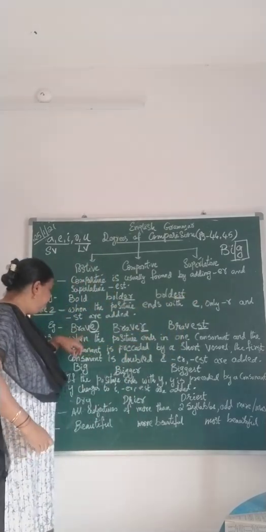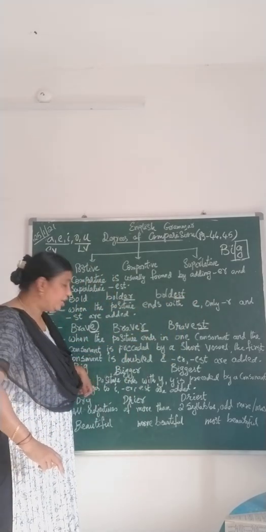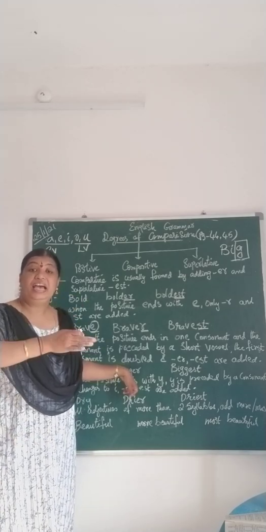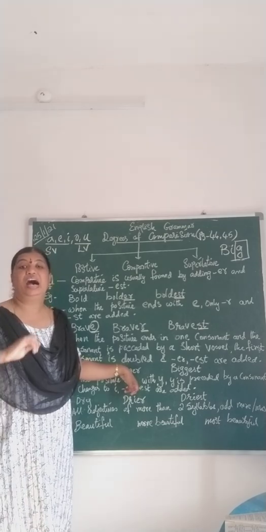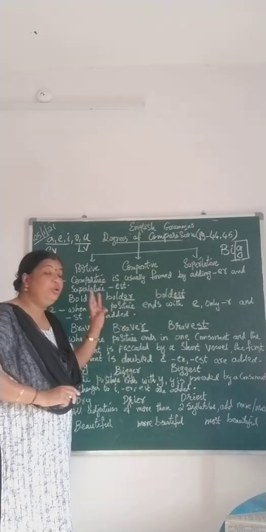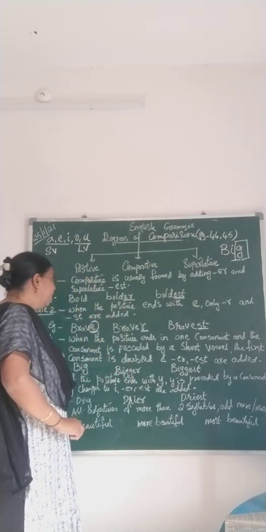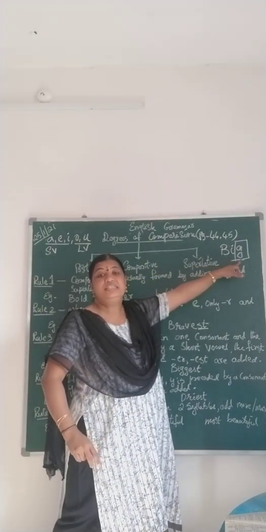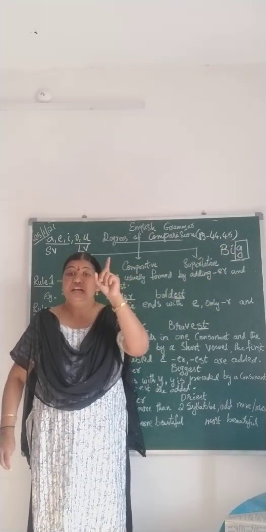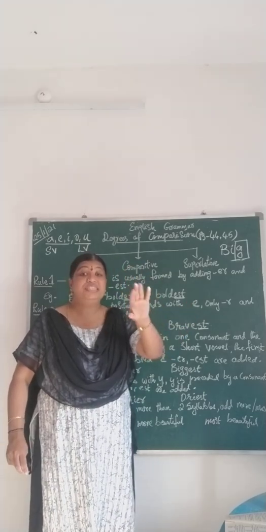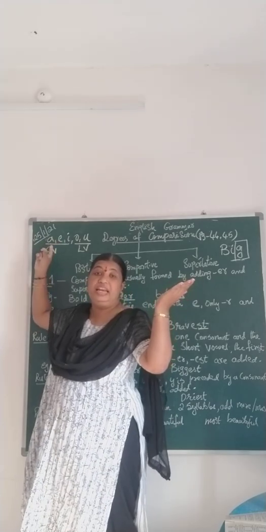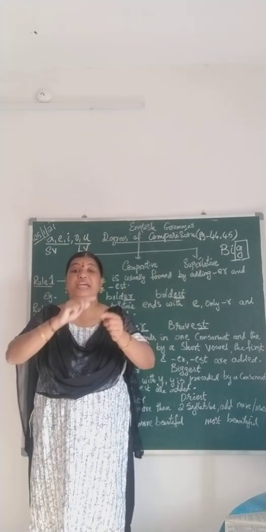Let us see. B-I-G, big. Now in the comparative it becomes bigger. B-I-G-G-E-R. Why has G come 2 times here? Rule number 3. Because rule 3 tells us that if the word is ending with a consonant and before the consonant there is a short vowel, then the consonant will be doubled.